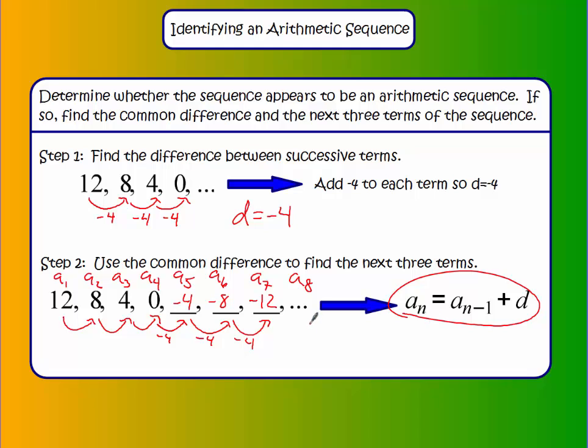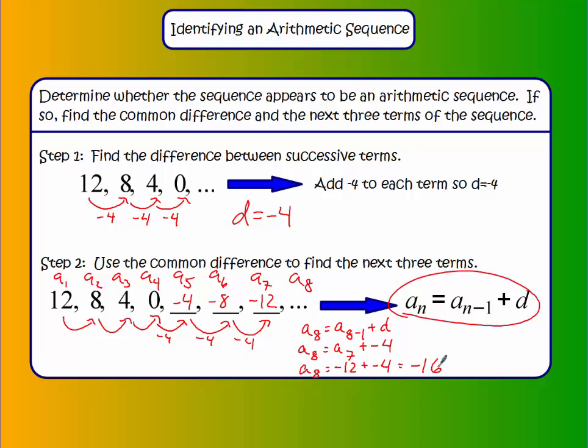Let's see, so a sub 8 is going to equal a sub 8 minus 1 plus d, the common difference. So a sub 8 is going to equal a sub 7 plus that common difference, which was negative 4. What was a sub 7? That was negative 12. So a sub 8 is going to be negative 12 plus negative 4, and that's going to be negative 16.